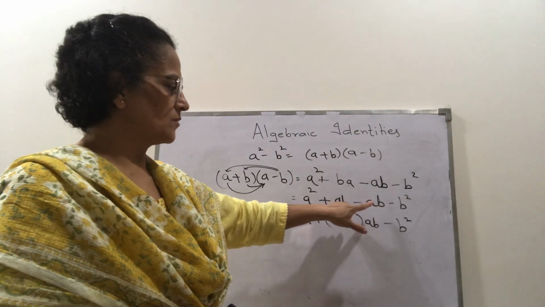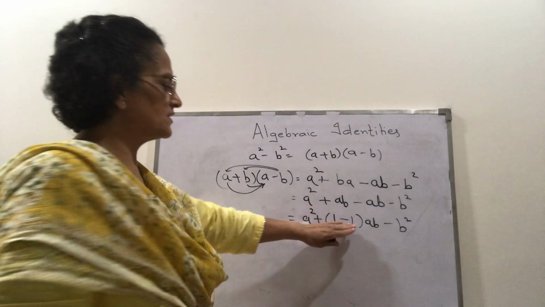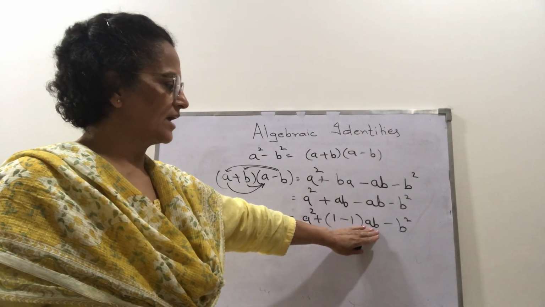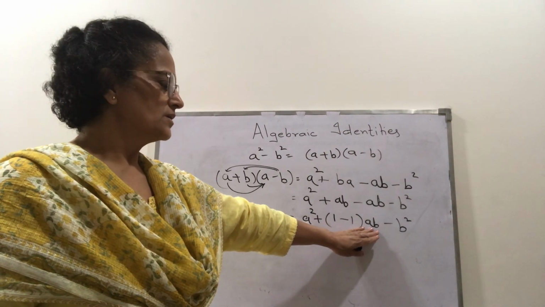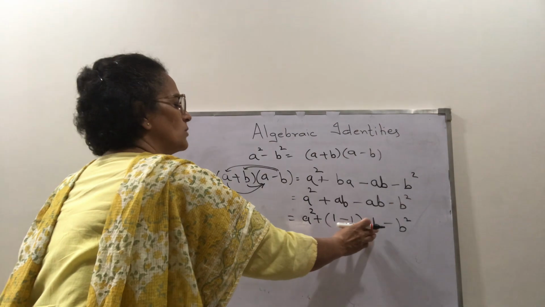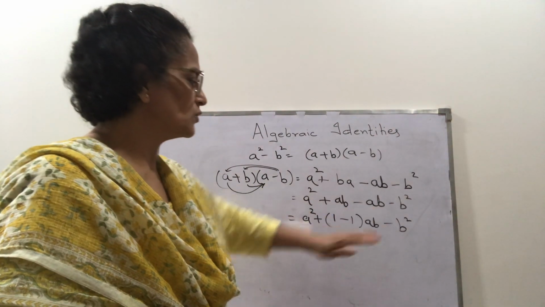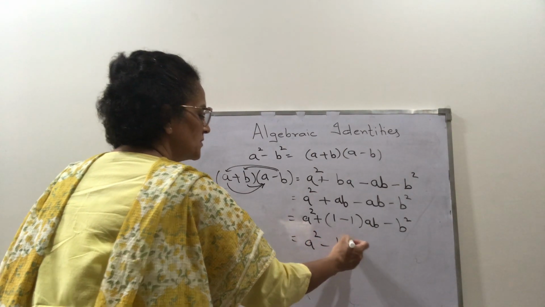For this ab, the coefficient is minus 1. So 1 minus 1 is 0. 0 multiplied with any number or product is 0. So if you multiply anything with 0, you get 0. So this term goes away. So I get a square minus b square.